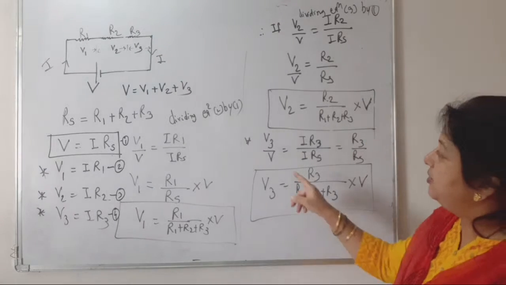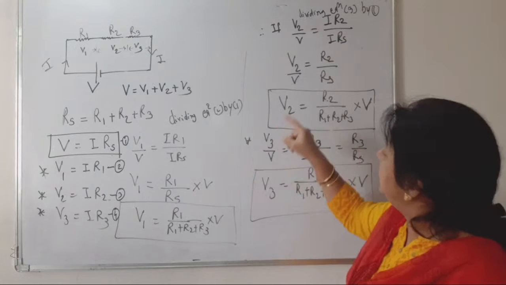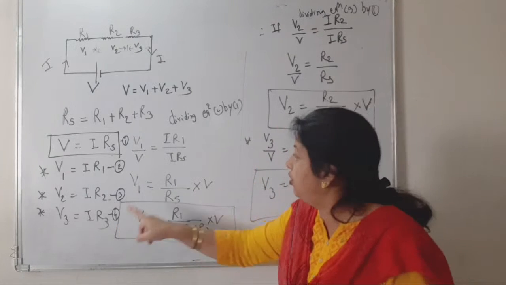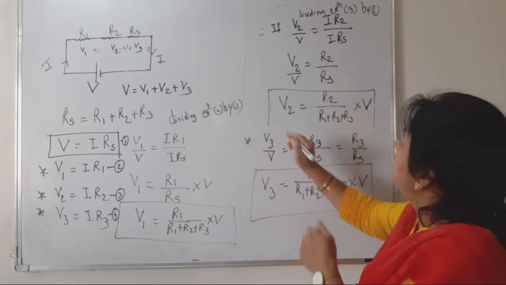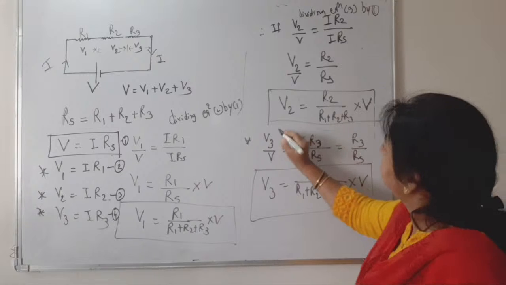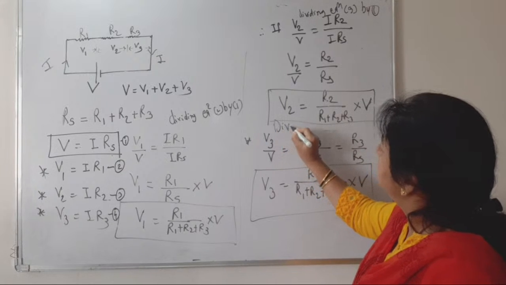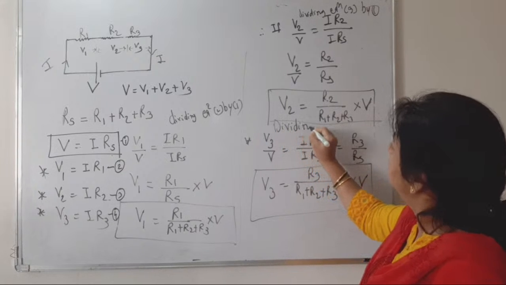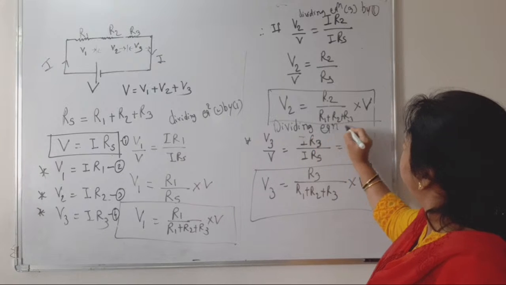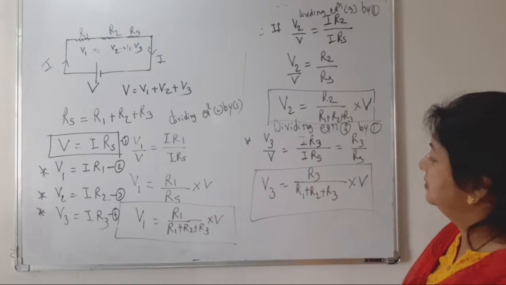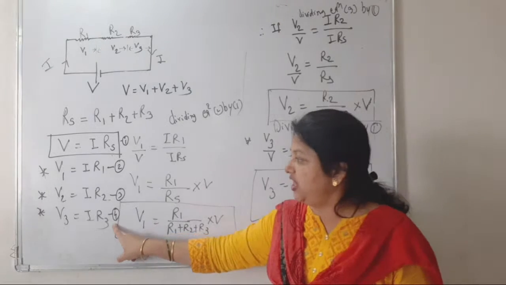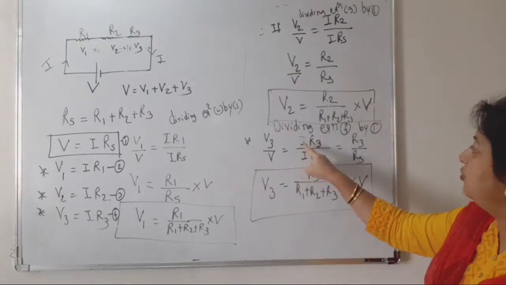Now what is V3? Before going to that, you have to write: dividing equation 4 by 1. So what is your fourth equation? V3 equal to IR3.